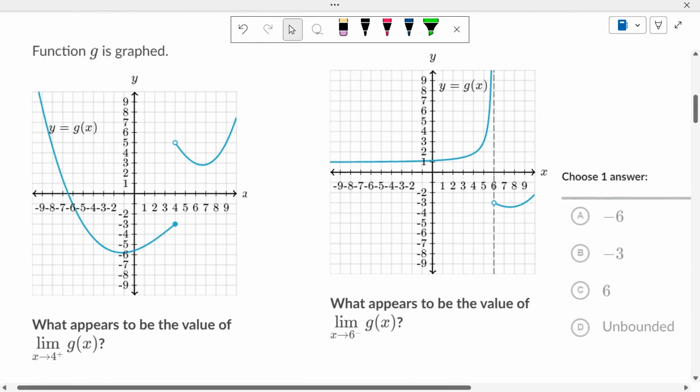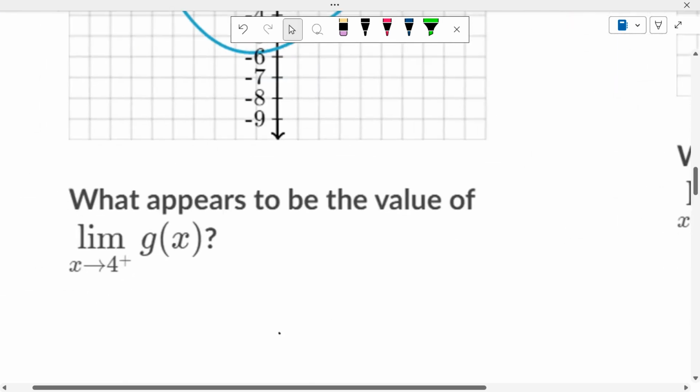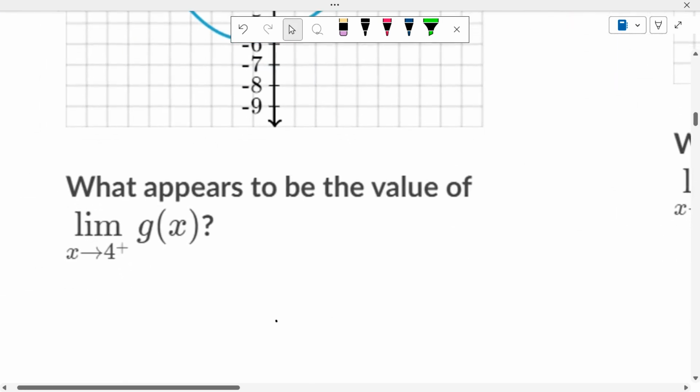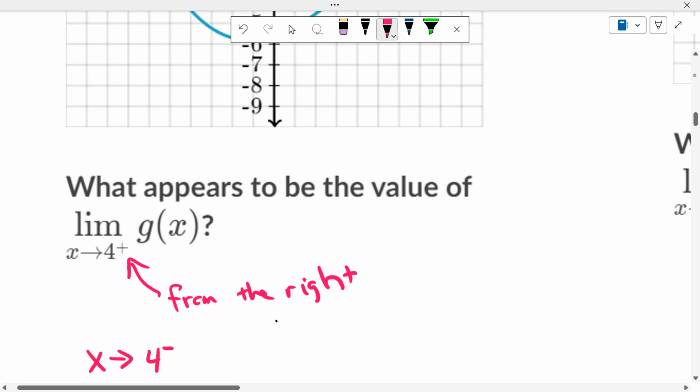Now, next thing to watch for: a plus sign or a minus sign in the upper right-hand side of the number. If it's a plus sign, it's from the right. If it's a minus sign, it's from the left.